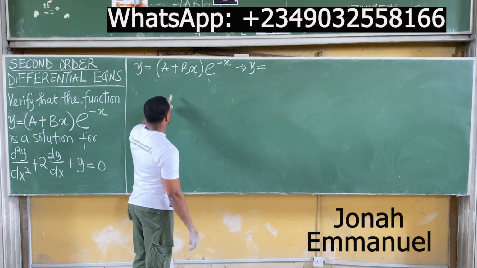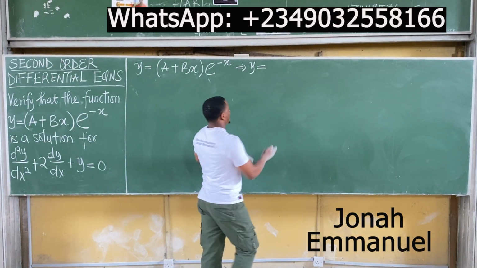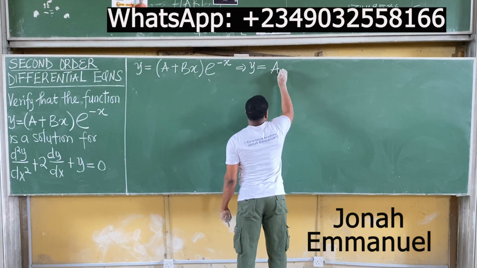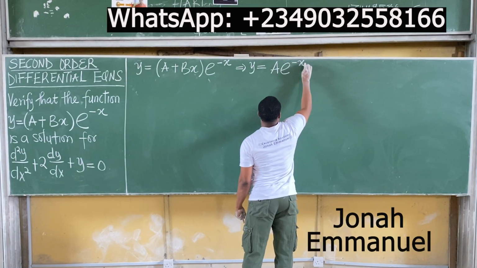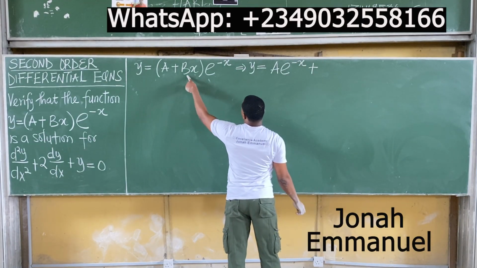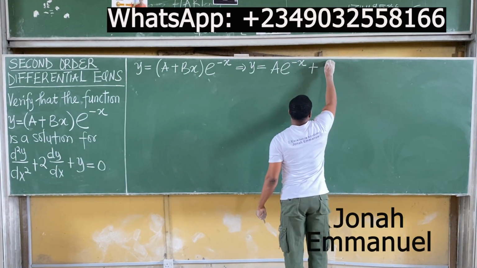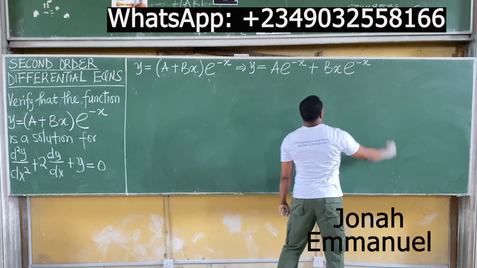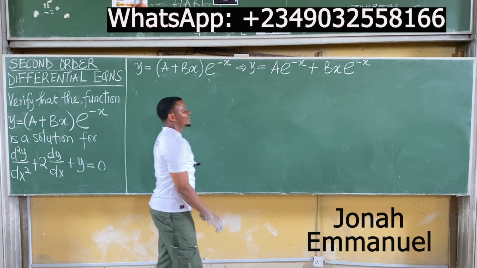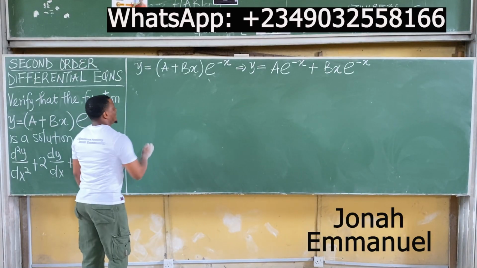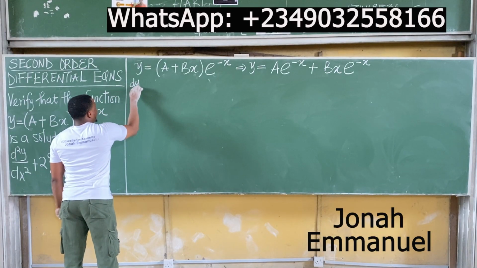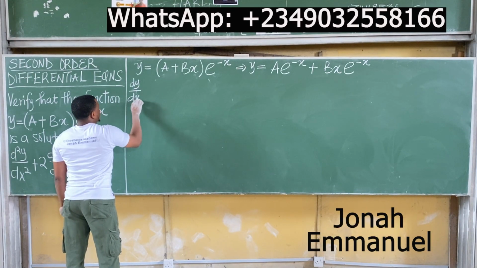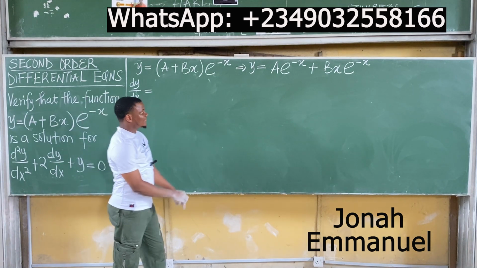So expand the term: a times this gives you a exponential negative x, plus bx times this gives you bx exponential negative x. So this is the value of y in its expanded form. Let's get dy/dx. From here, dy/dx is equal to, let's start with this.